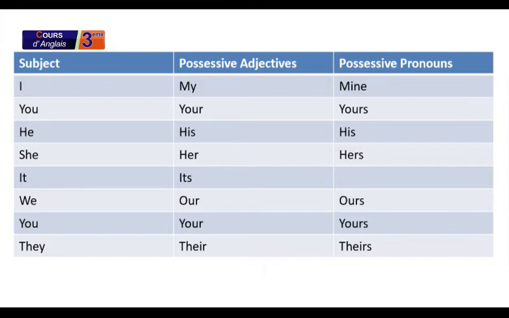It, possessive adjective its, possessive pronoun does not exist actually. We, possessive adjective our, possessive pronoun ours. You, possessive adjective your, and the possessive pronoun is yours. They, possessive adjective their, possessive pronoun theirs.